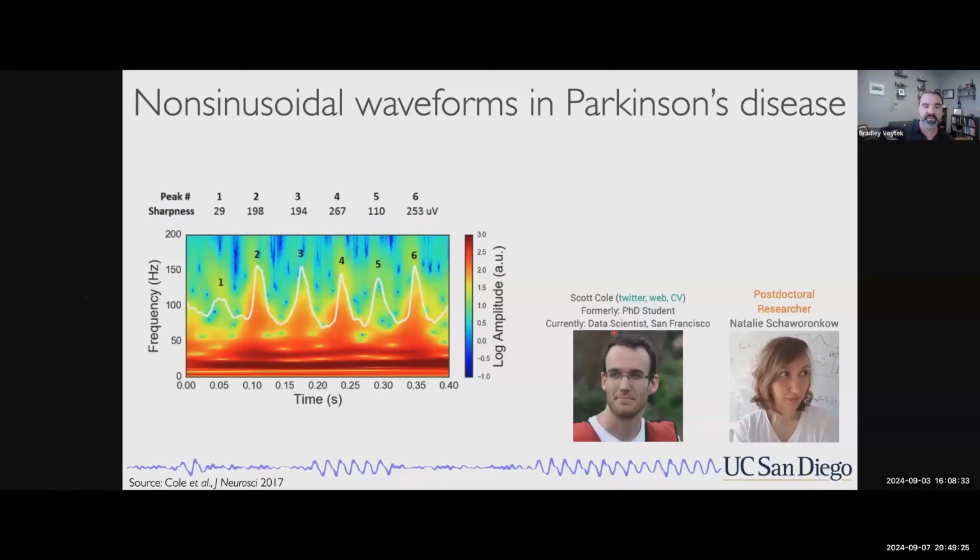You've got a group of dopaminergic neurons in the substantia nigra that are dying off for whatever reason. And that loss of dopaminergic input into the basal ganglia-frontal circuit leads to the Parkinsonian symptoms of resting tremor, bradykinesia, and so on.